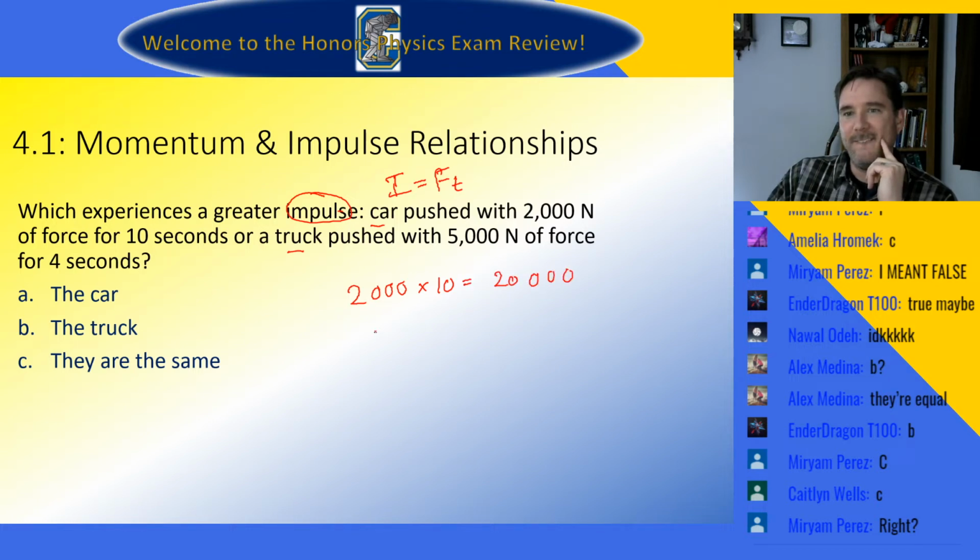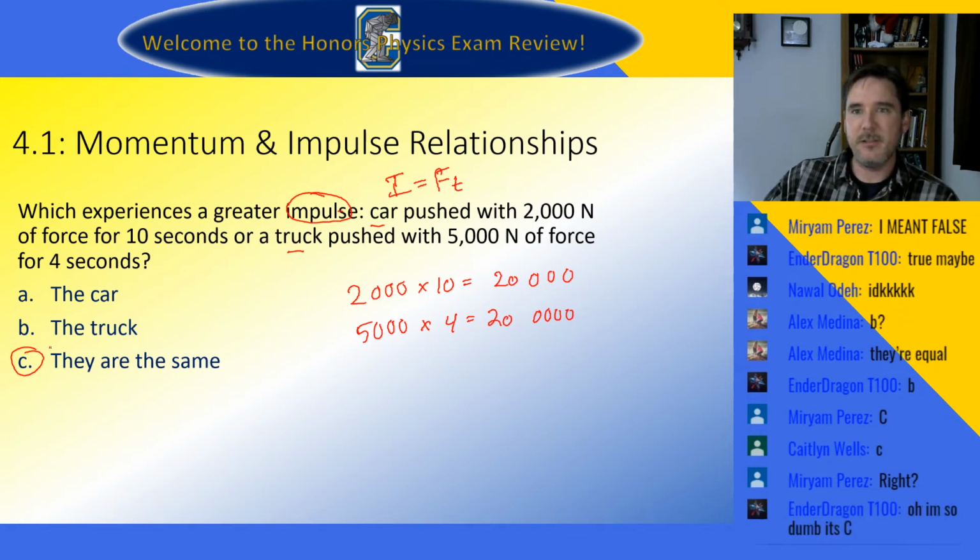And 5,000, that's for the truck, times 4 is also equal to 20,000. So do the math. That's what physics is all about, taking situations and working them out. You're not dumb. We're studying, right? So don't worry about it.